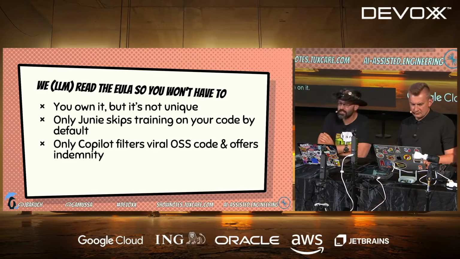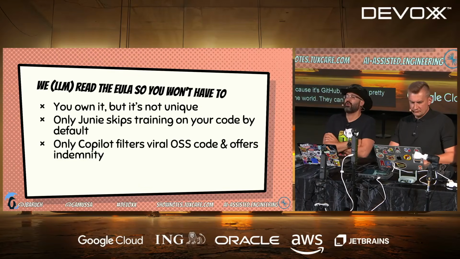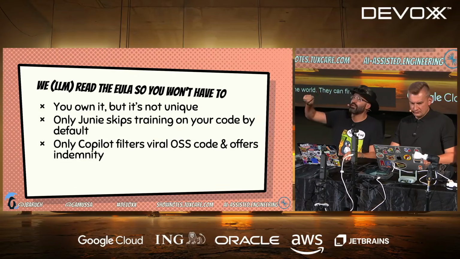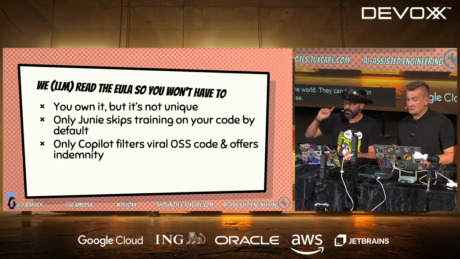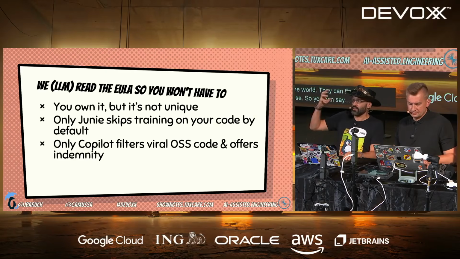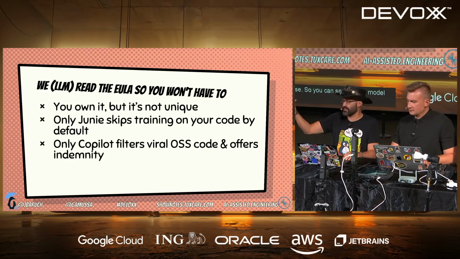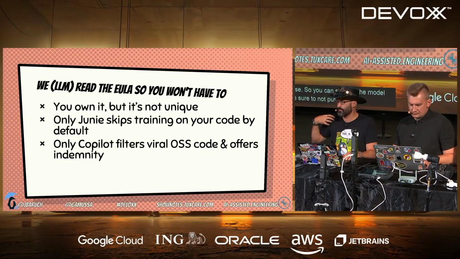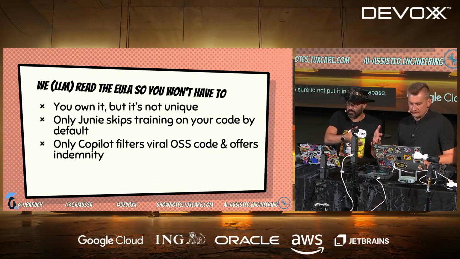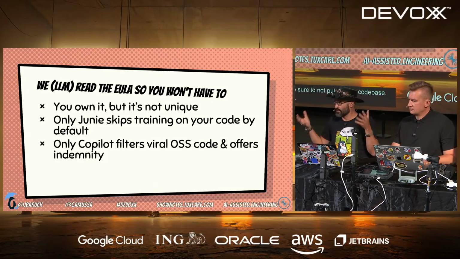Copilot knows how to do really cool stuff. Because it's GitHub, and they pretty much have all the open source code in the world, they can find open source code which will violate your license. So you can say, if the model generated code which is GPL, make sure not to put it in my code base. And it knows GPL code because it's GitHub, which is very cool.